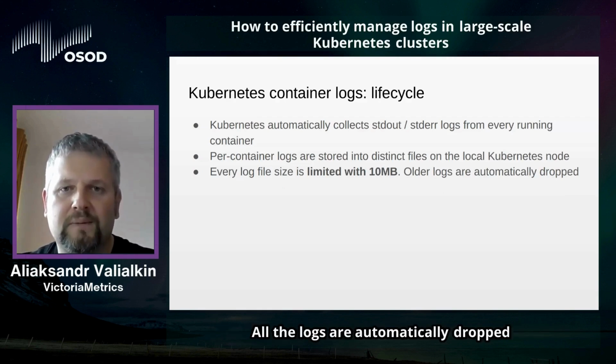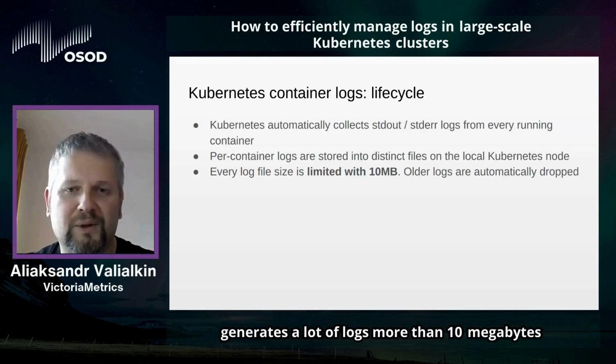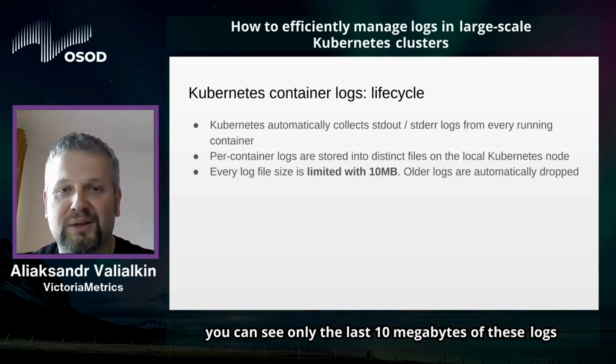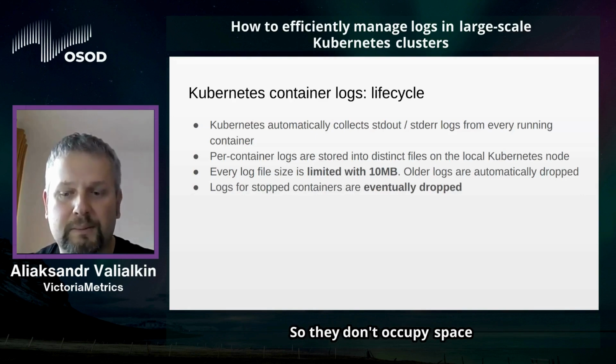Older logs are automatically dropped. For instance, if you have a container which generates more than 10 megabytes of logs, then you can see only the last 10 megabytes of these logs. And logs for stopped containers are eventually dropped by Kubernetes, so they don't occupy space.